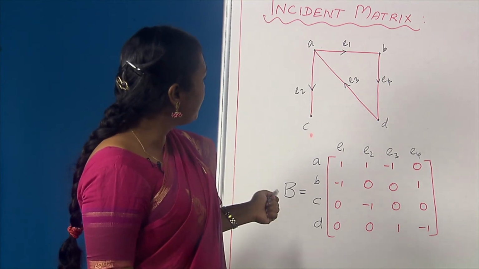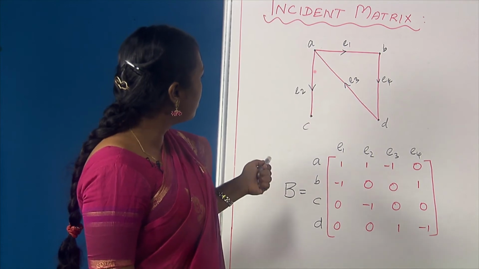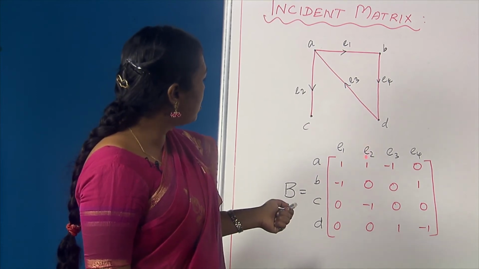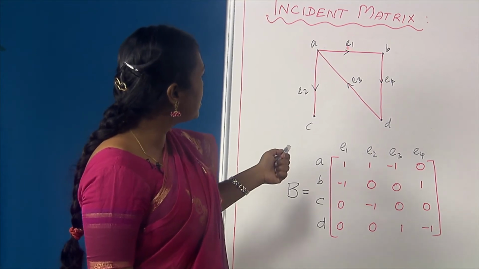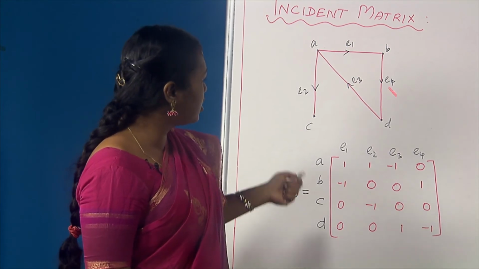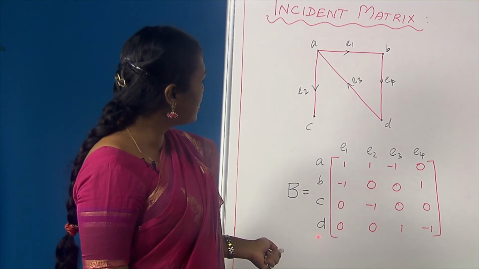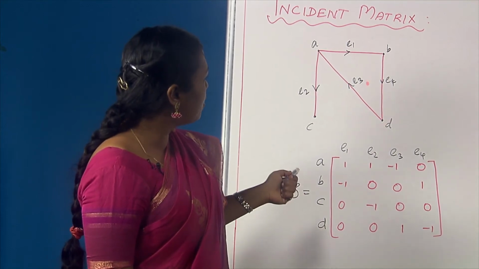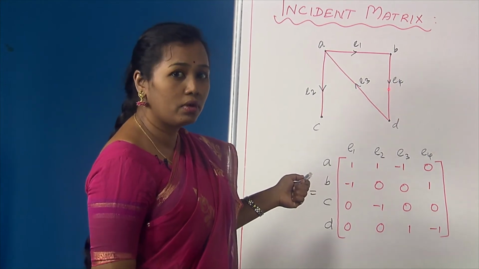And then for C there is only one edge coming inside, and that is E2. So, E2 is minus 1. As for E1, no connection between C and E1, so 0. E3, again no connection, so 0. E4 also 0. Now, let us come to D. For D you have the edge E4 coming inside, so E4 is minus 1.